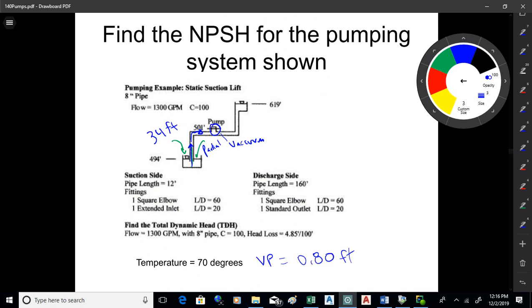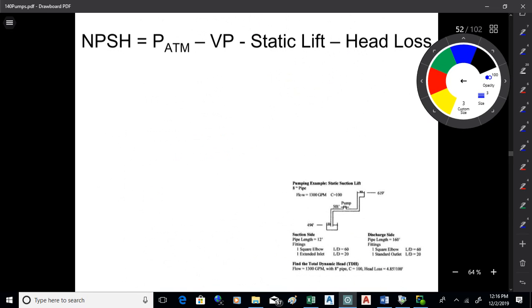So what I'm going to do then is figure out this stuff for my conditions. I got 34 feet. That's what I start with. On average at sea level, that's the pressure. But the vapor pressure is 0.8 feet. I got to subtract that because that's pushing back against the water as it's being lifted. Well, how much static lift do I got on this one to get into the pump?